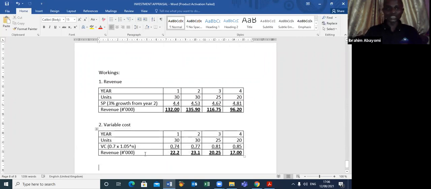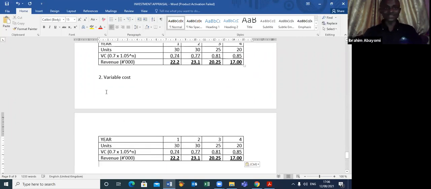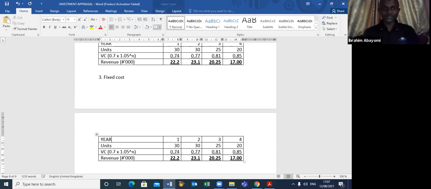The only thing that will change is the fact that this one is 0.3 and this one is a fixed cost. So work note 3, fixed cost. So this is going to be 0.3.